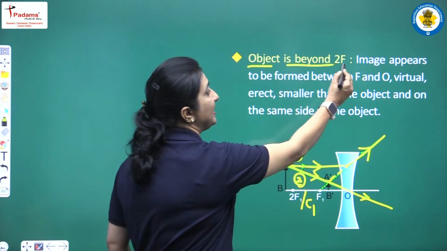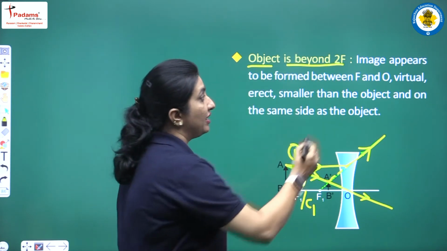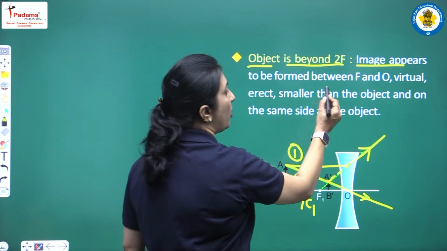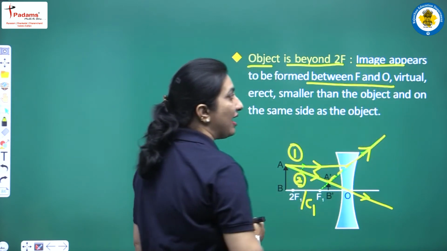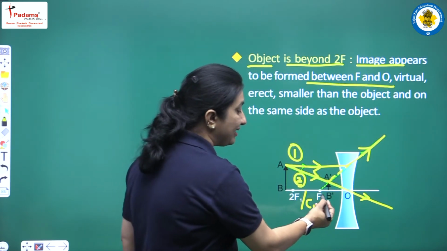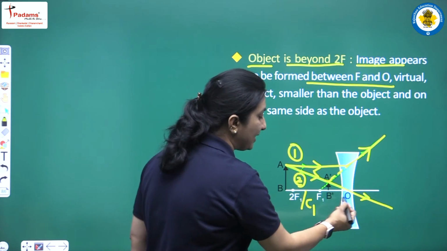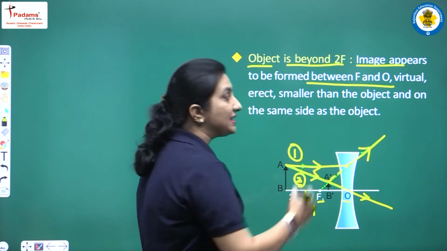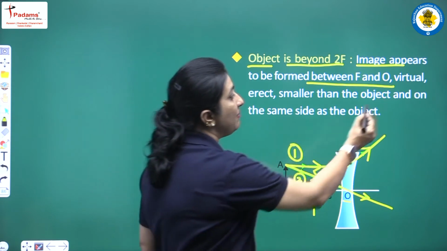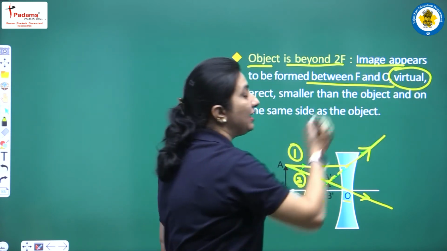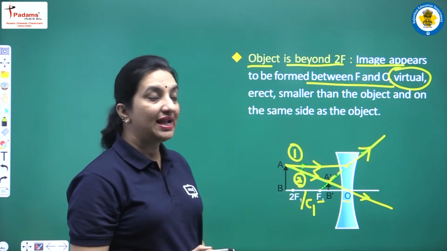So when the object is beyond 2f, the image appears to be formed between F and O. Now what we see here is that the image is formed between the optical center and the principal focus, and the image is virtual as the refracted rays are not meeting actually.